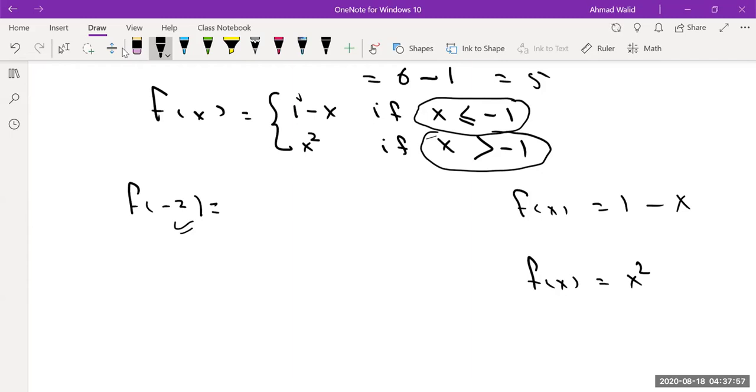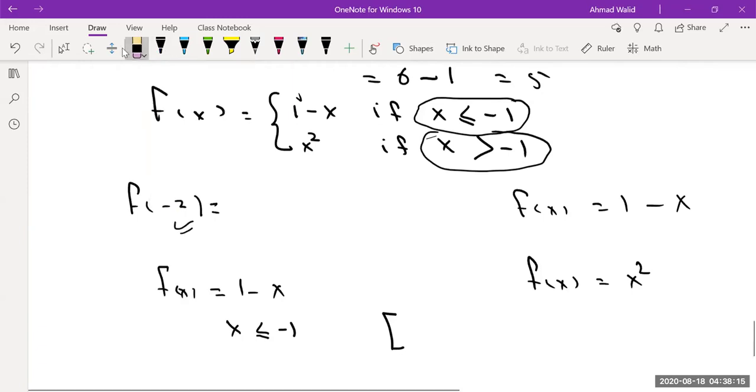Look at the first function, f of x equals 1 minus x. The domain is x less than or equal to -1. It means the domain goes from negative infinity to -1.